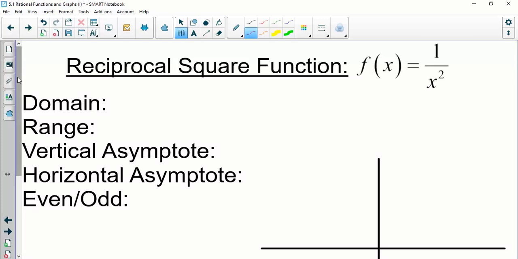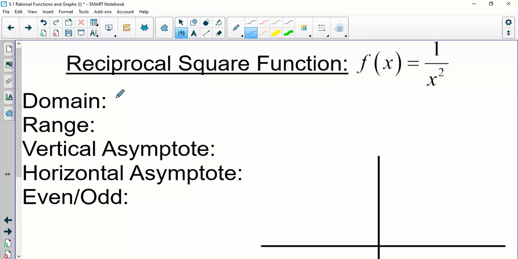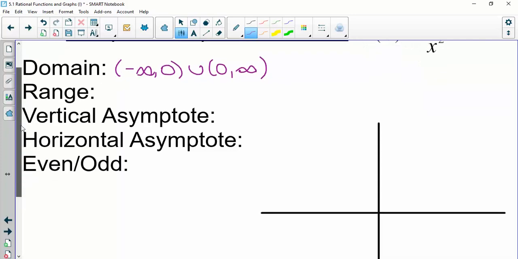Let's look at the reciprocal square function. All right, so let's plug in some points. What is my domain, first of all? Can you tell me? Right, 0 is the thing that makes the bottom equal 0.